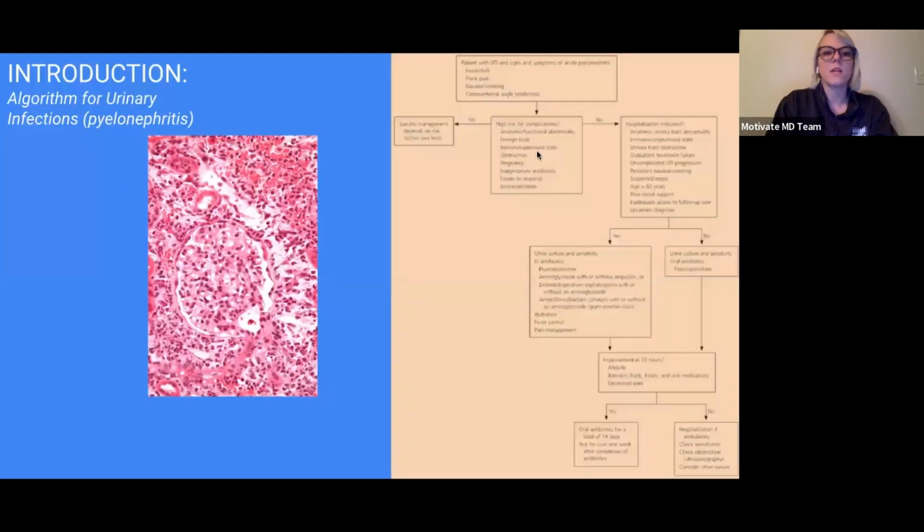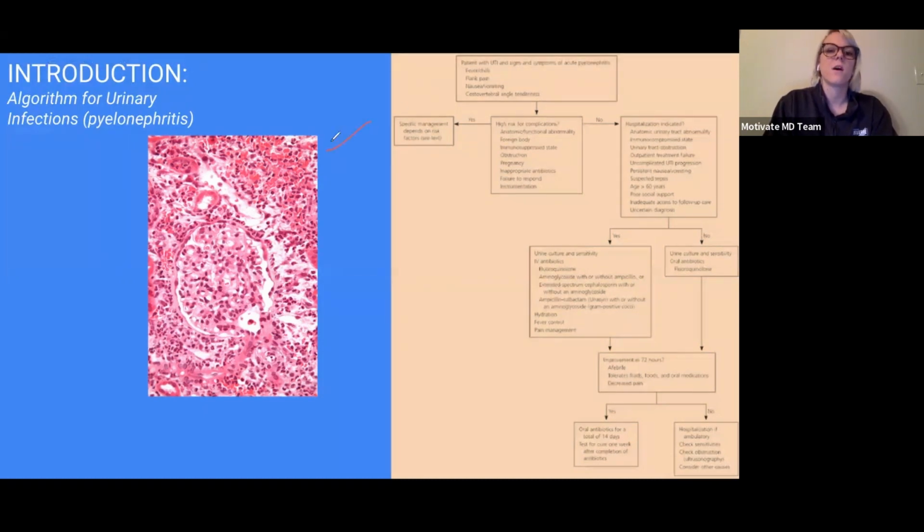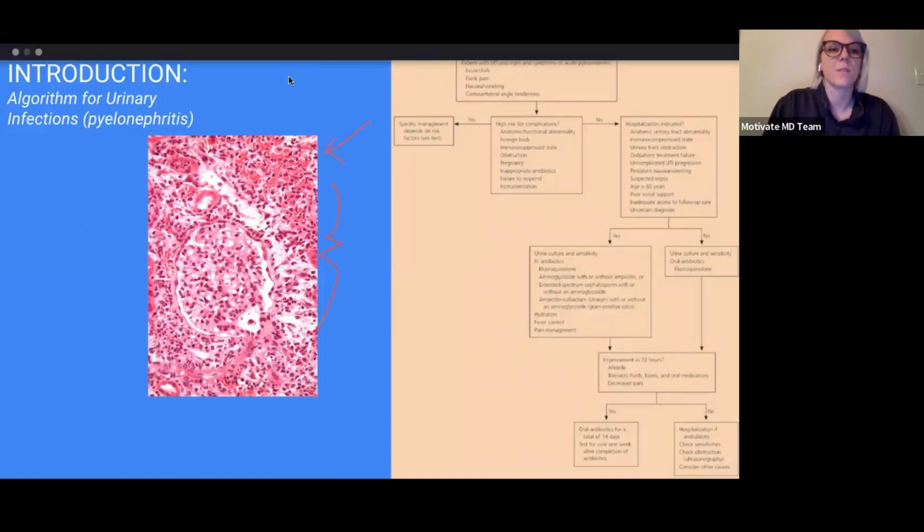All right, and here's our algorithm for acute urinary infections. But the biggest thing we're going to talk about here is not even this tissue biopsy where we see all these white blood cells in the parenchyma of the kidney. I just put that because it's cool and academic, but we're never getting a biopsy of the kidney to discern these things.